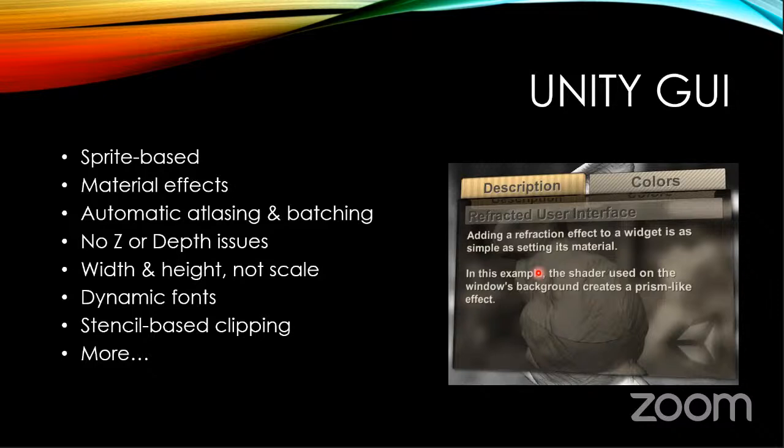Both coders and non-coder background users can make full use of its functionalities. It provides a great advantage over other UI systems, being sprite based, providing material effects, automatic atlasing and batching, and eliminating depth issues so that events can be triggered at the correct moment and at the correct place.